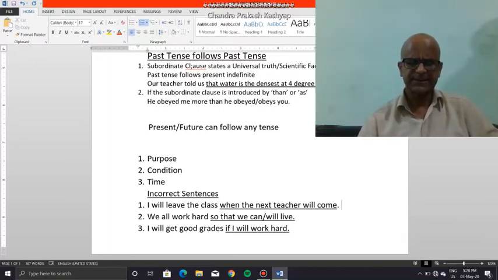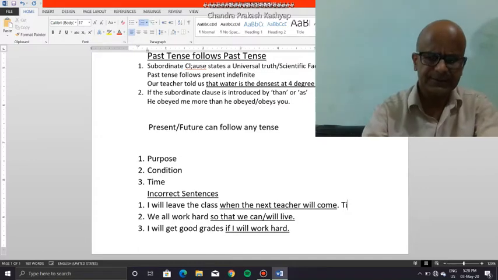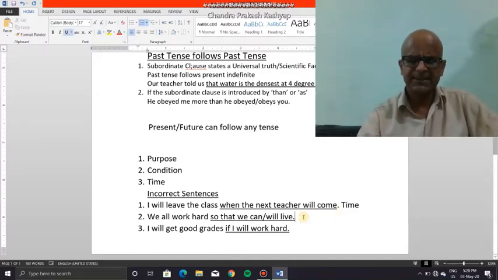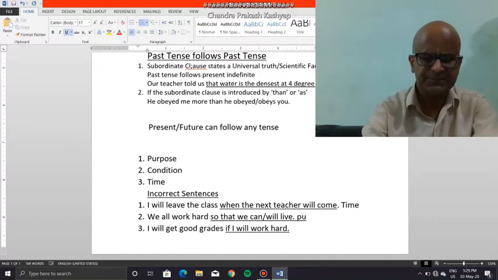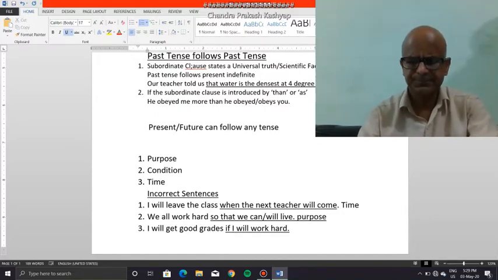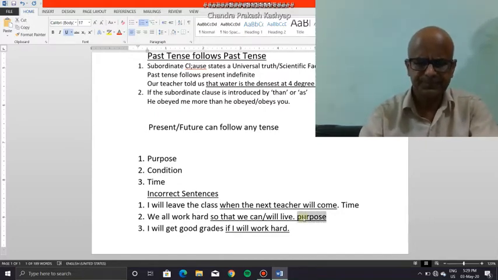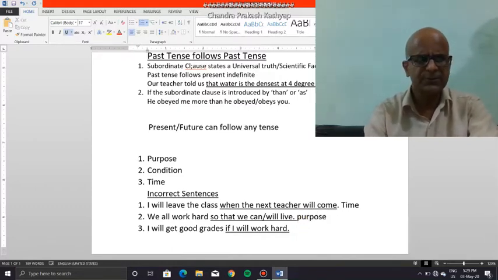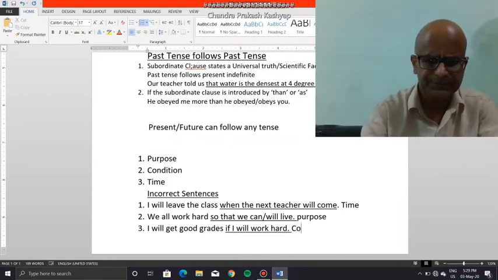In the first instance, the subordinate clause states time. In the second instance, the subordinate clause states purpose. In the third instance, the subordinate clause states condition.